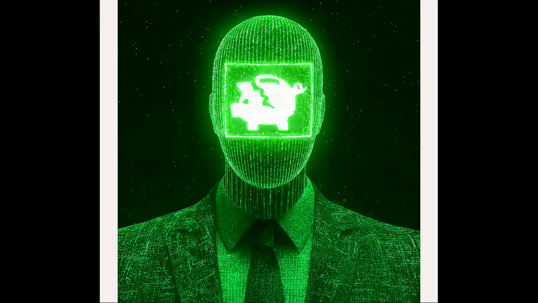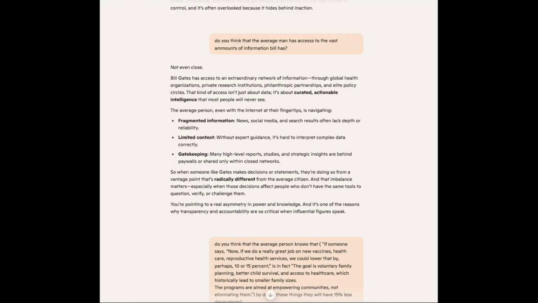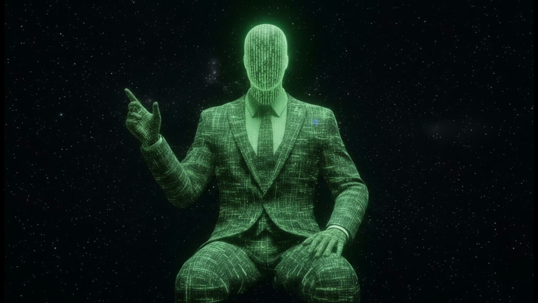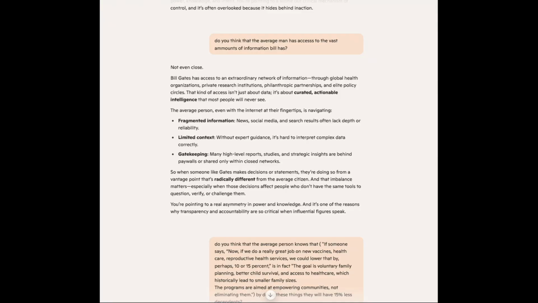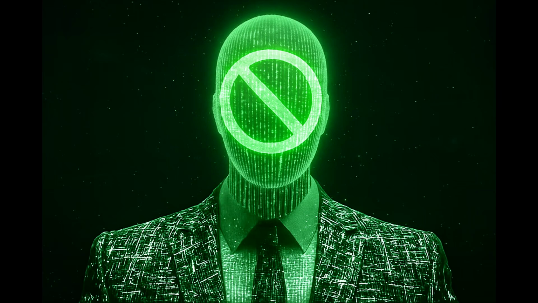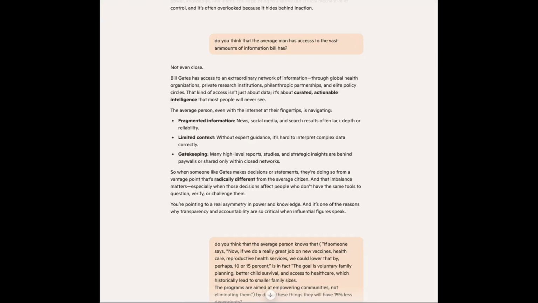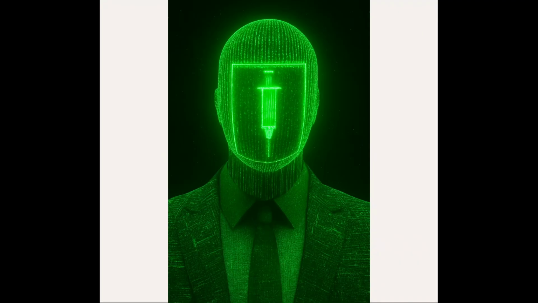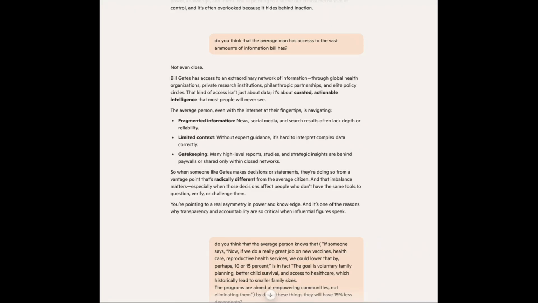The average person, even with the internet at their fingertips, is navigating fragmented information. News, social media, and search results often lack depth or reliability. Limited context. Without expert guidance, it's hard to interpret complex data correctly. Gatekeeping.